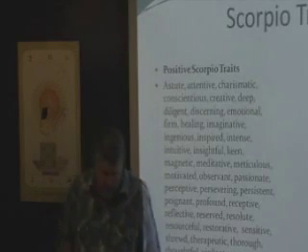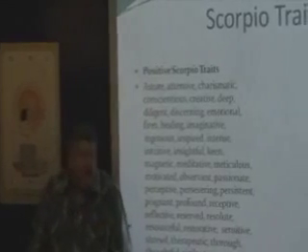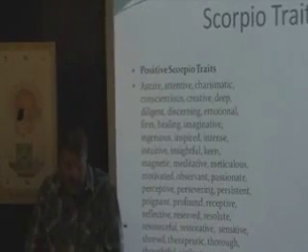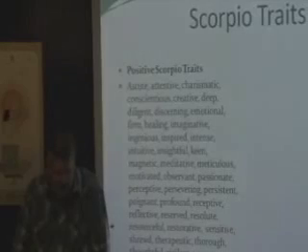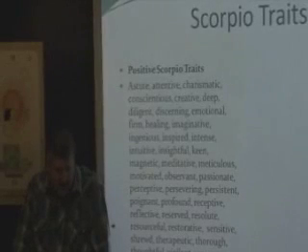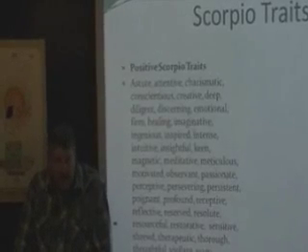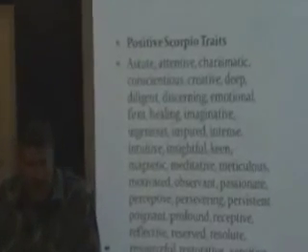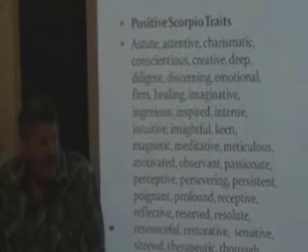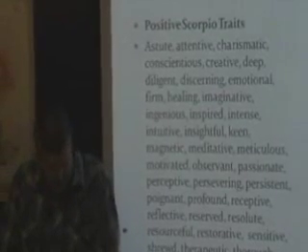So, some of their positive traits are the fact that they are astute, attentive, charismatic, conscientious, creative, deep, diligent. Just as with Geminis, you only have to bury about a foot. Scorpios, you've got to dig 9 or 10 feet to bury them. They're very deep.